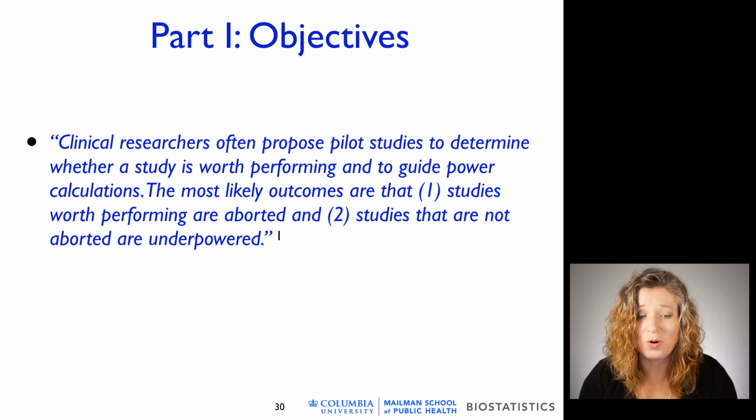In that case, the most likely outcomes are that studies worth performing are aborted because the pilot study ended in a small effect size accidentally, or studies that are not aborted are underpowered because the pilot study accidentally ended in a large effect size, which resulted in a small sample size for the RCT, which resulted in underpowered study.